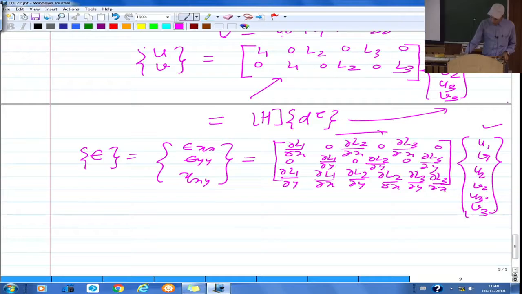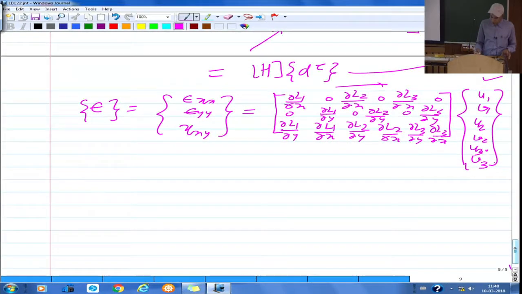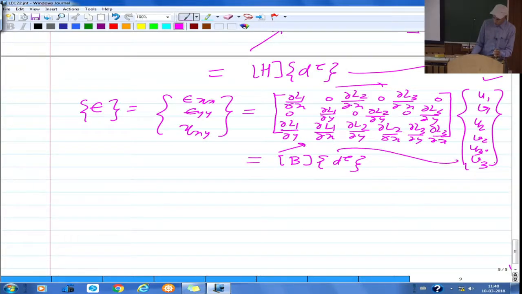And you will find, similar to what we did for the temperature heat conduction problem, this matrix is going to be constant, and this you call B, and this you call your dE.